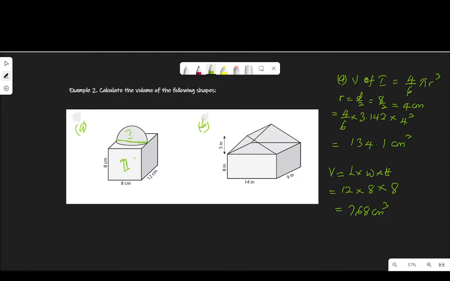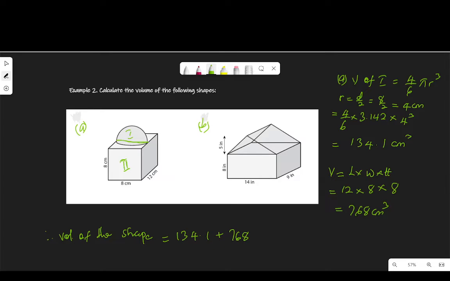So the volume of the whole shape will be the volume of this sphere, which is 134.1, plus the volume of this prism, which is 768. So let's do that here. Therefore, volume of the shape will be 134.1 plus 768.